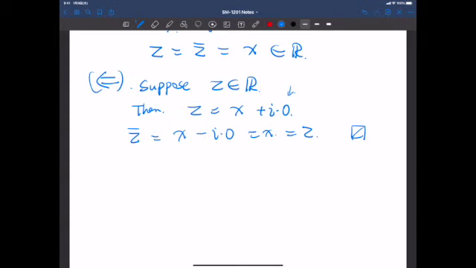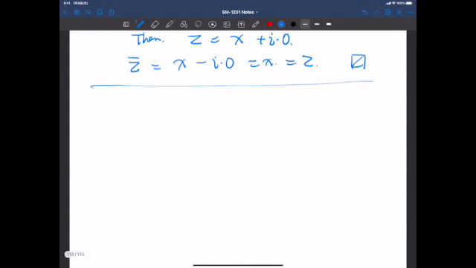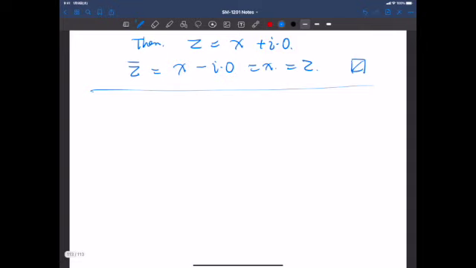And next, let's see. z bar is equal to negative z if and only if z is purely imaginary. So this can be proved in a similar manner as the previous result. So I leave this as an exercise.